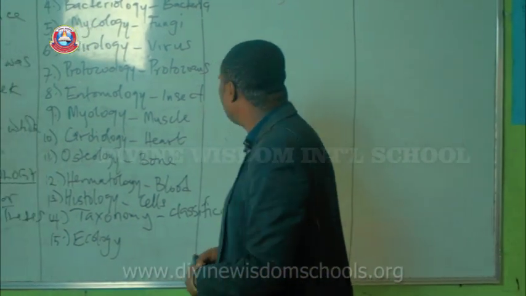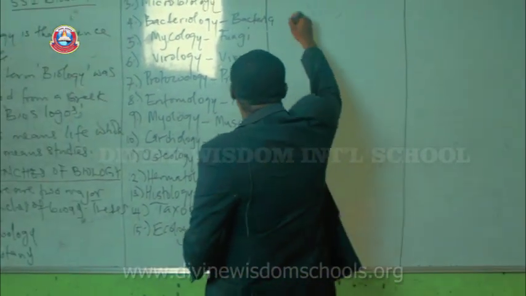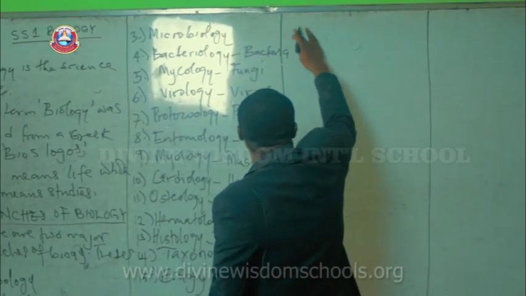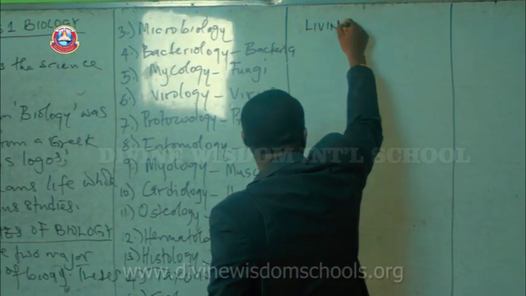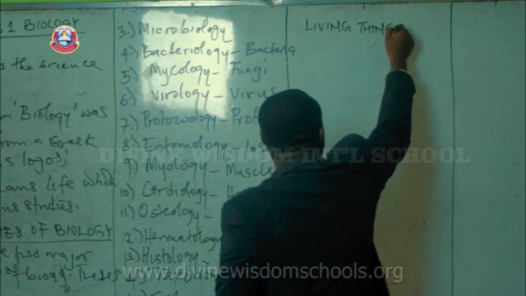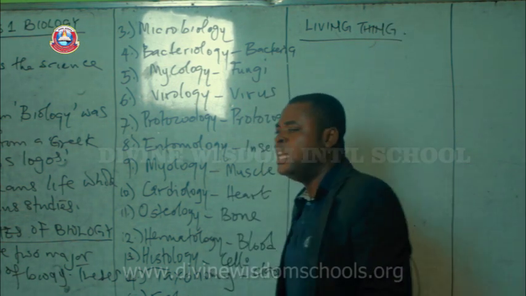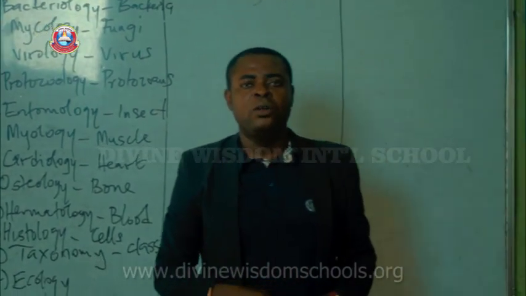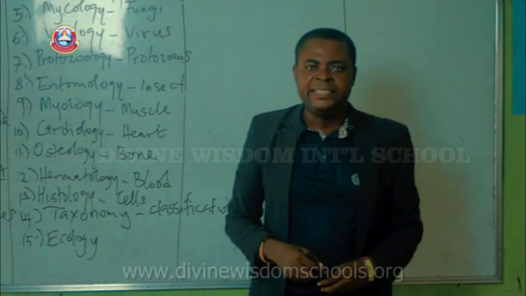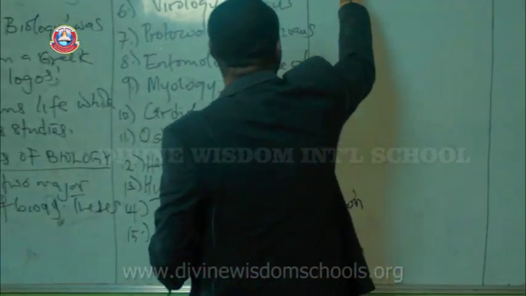So the next thing we want to look at now is characteristics of living things. Or before that, let's look at what's a living thing. Don't forget we say biology is the science of life. So living things are things that have life in them.